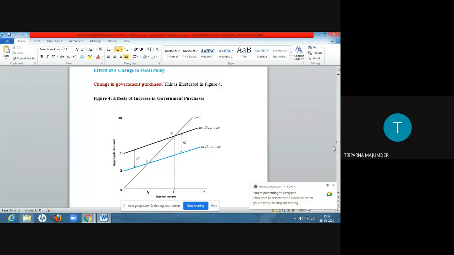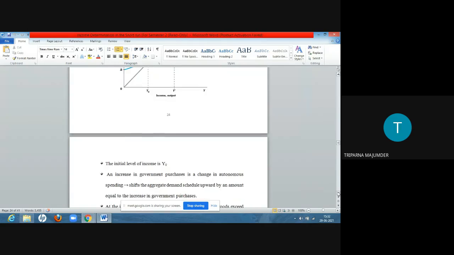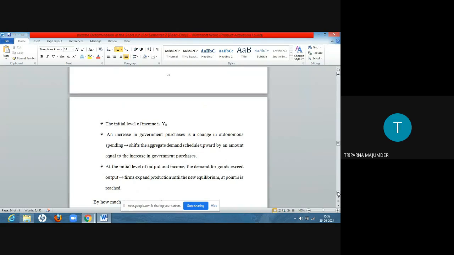Now, this is how we move on to a higher level of income when there is an increase in government purchases. The steps are written down here. The initial level of income is Y0, and an increase in government purchases is a change in autonomous spending, which shifts the aggregate demand schedule upward by an amount equal to the increase in government purchases.